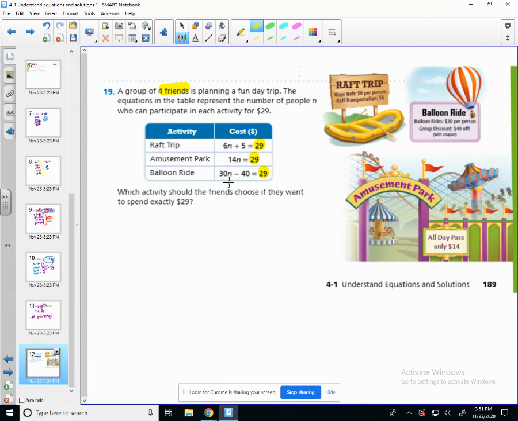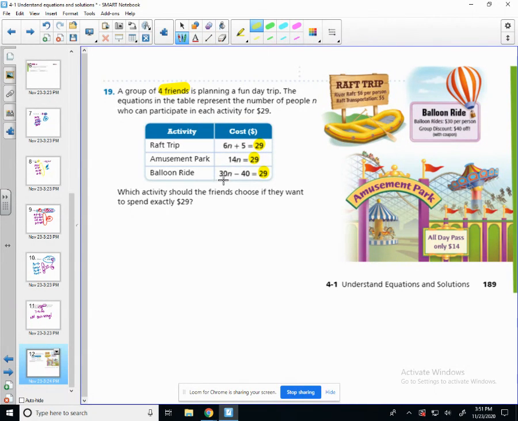So which one of the activities should the friends choose if they want to spend exactly $29? We have the raft trip, which is $6 per person, plus a $5 transportation fee. The amusement park, which is just $14 all day, times how many people?